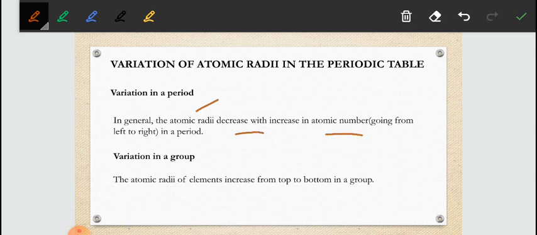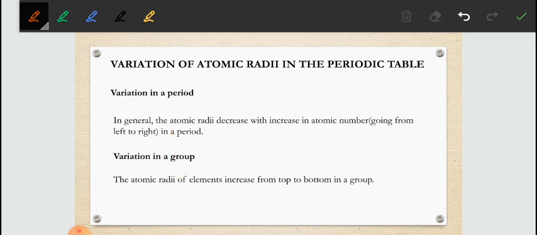This is due to increase in nuclear charge. But in case of a group, we know atomic radii increases. The reason is when we move from up to down, the number of shells increases. That's why atomic size increases, because in each period one more shell is added.